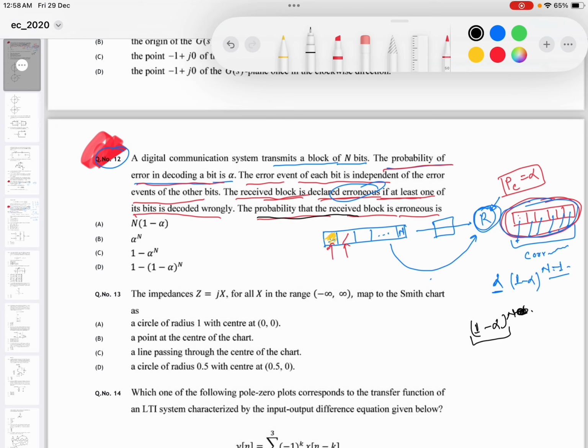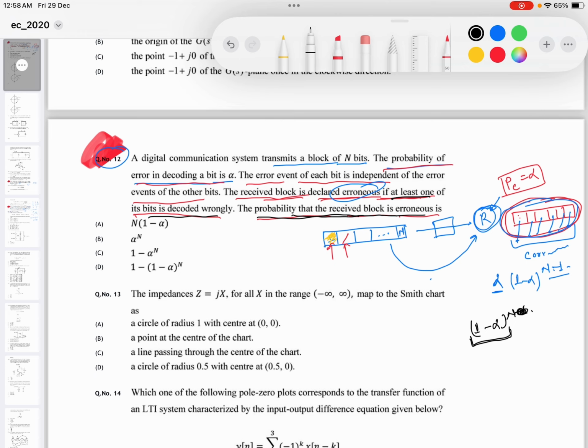Then what we have been asked is the probability that the received block is erroneous. If at least one bit is decoded wrongly, then it is erroneous. So 1 minus alpha to the power n is the probability of receiving all the bits correctly, and if we get even one bit incorrect, then it is erroneous.